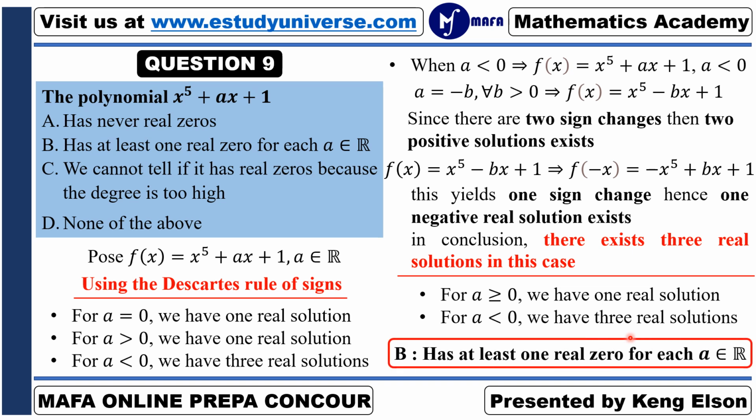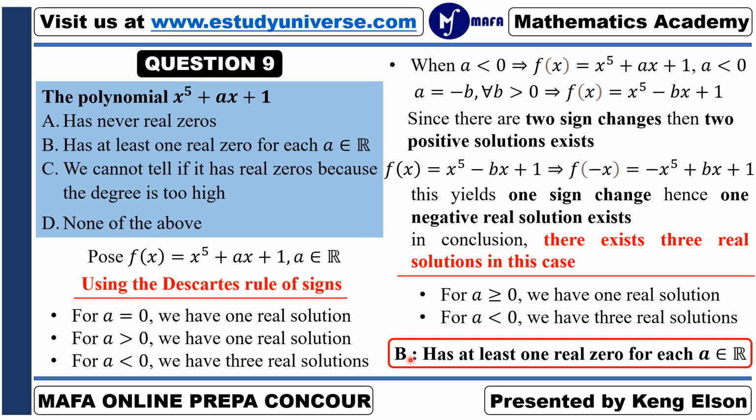We are concluding now that it has at least one real solution for each value of a. You see that at least one means 1 and above. For it to be 1, your a must be either greater than 0 or equal to 0. Now for it to be greater than 1, your a has to be less than 0, since we have 3 in that case. So option B is correct.